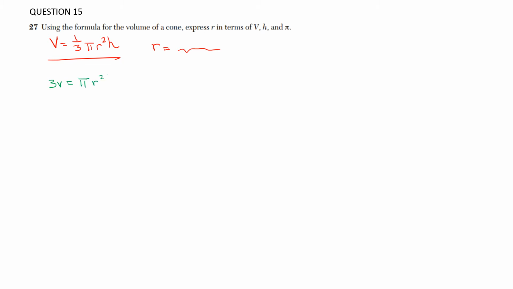Now let's divide both sides by pi h. And that becomes 3V over pi h equals r squared. Now we can simply take the square root of both sides, and that isolates r for us, right? So r equals the square root of 3V over pi h, and that's our final answer.